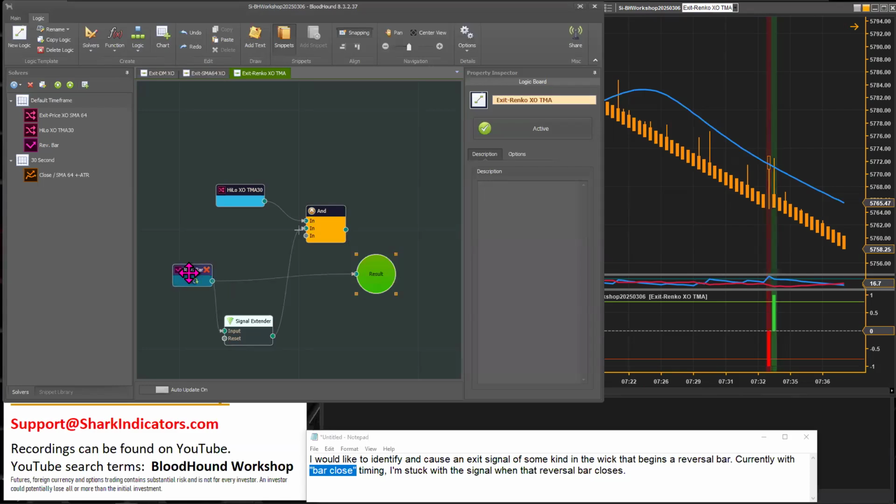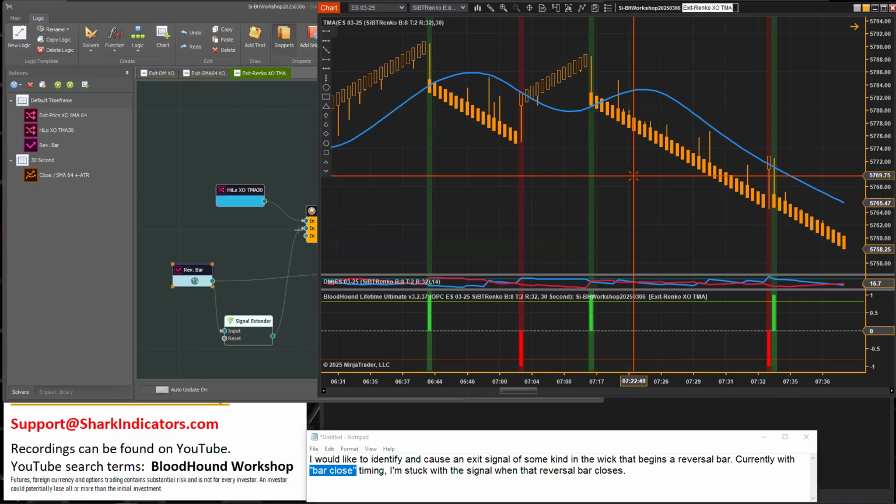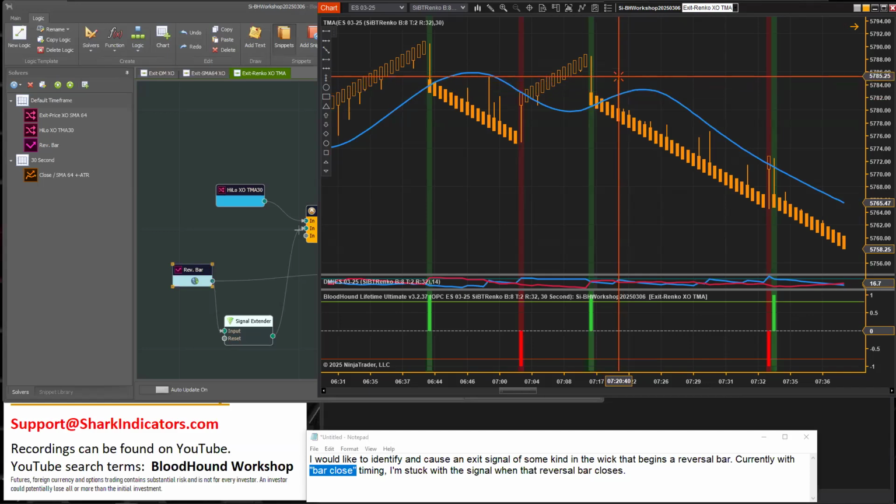So let's just take a summary explanation of this again. We're identifying all the reversal bars, but we are taking the opposite signal, the reversed signal. So this is a down bar, but we're getting a long output instead because we're trying to block this long exit signal here.